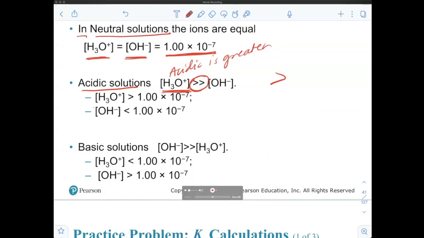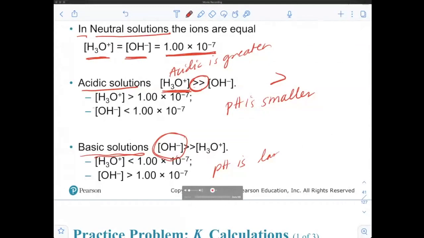So this is greater. And then in basic solutions, the base ion is so much greater, significantly greater, that we have to notice. It makes a difference. Of course, in the acidic solution, the pH is smaller, and in the basic solution, the pH is larger.